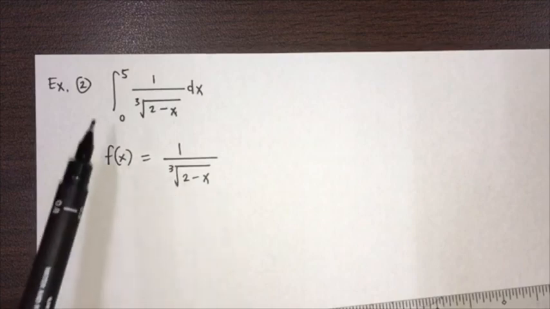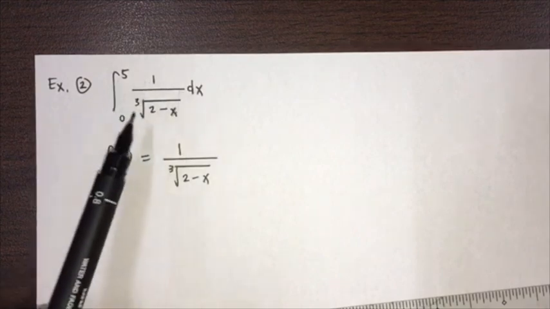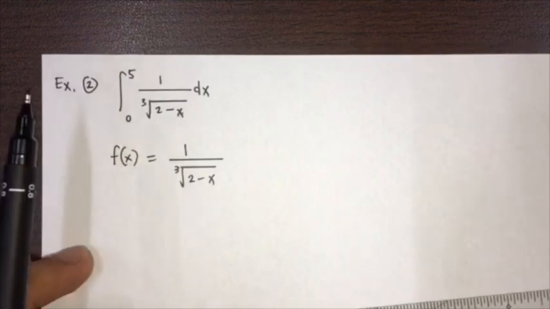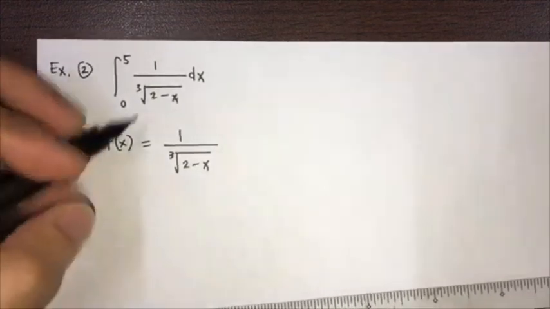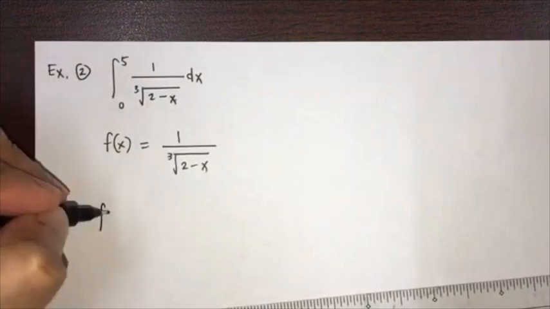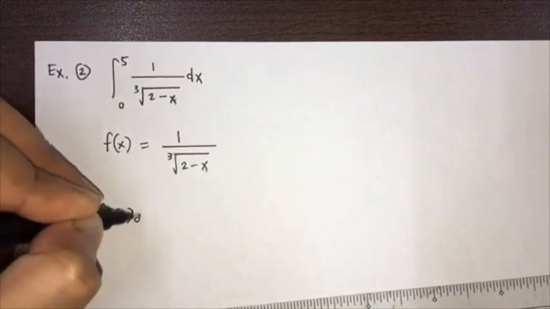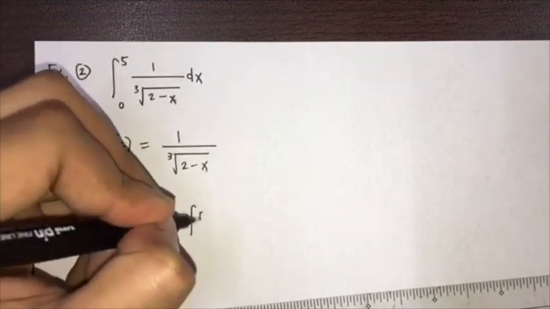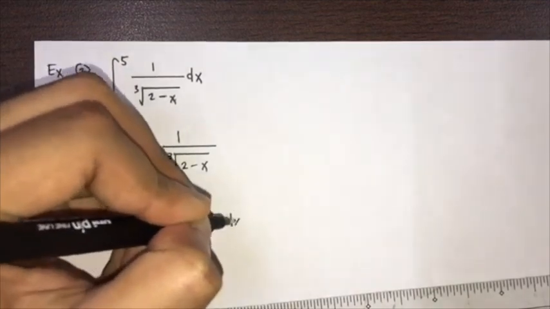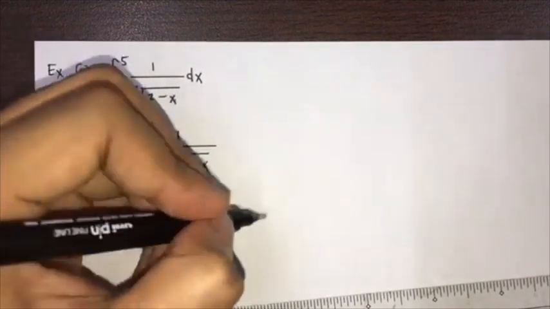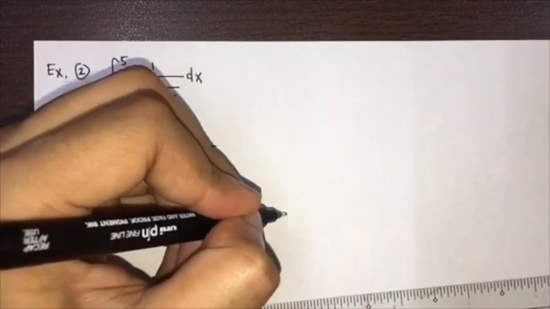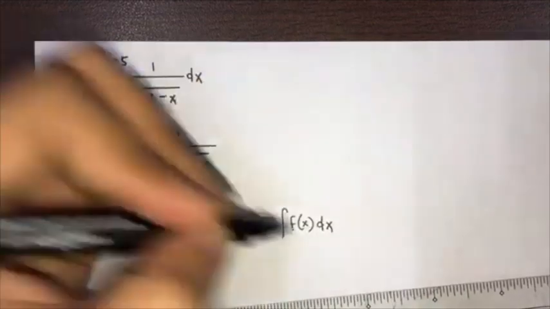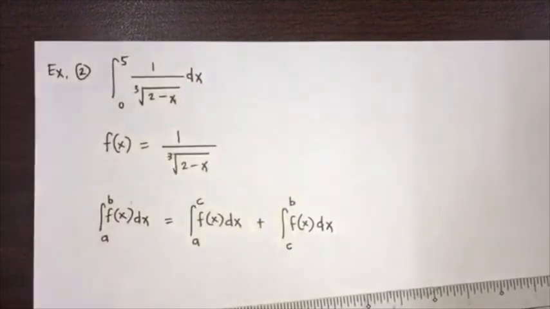For evaluating the integral, we will make use of one property of the integral: if we have the integral of f of x dx from a to b, that is equal to the integral of f of x dx from a to c plus the integral of f of x dx from c to b.